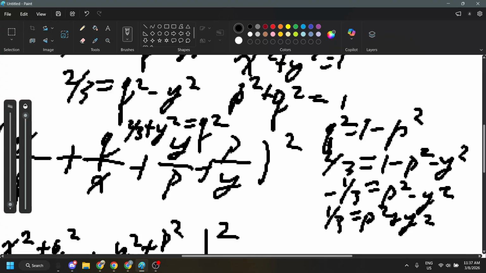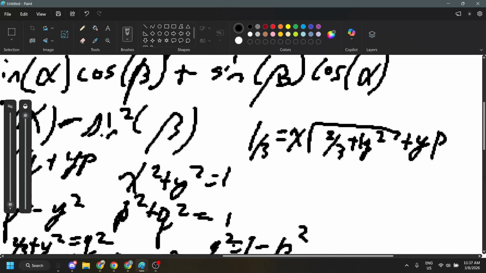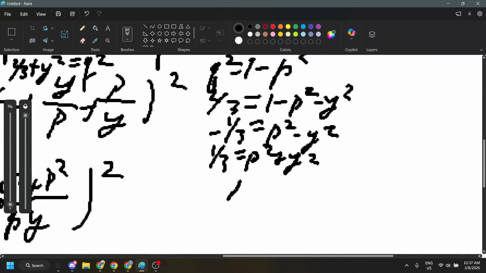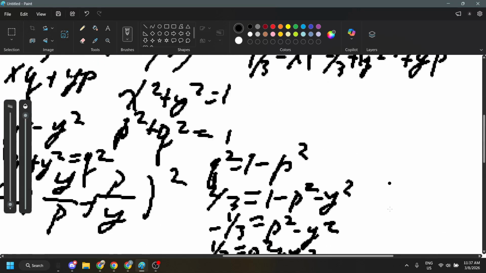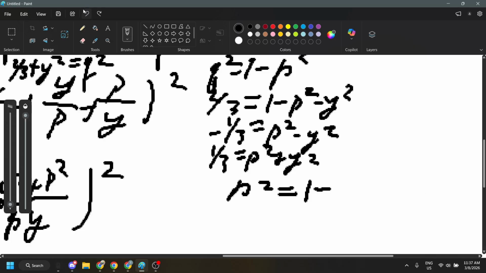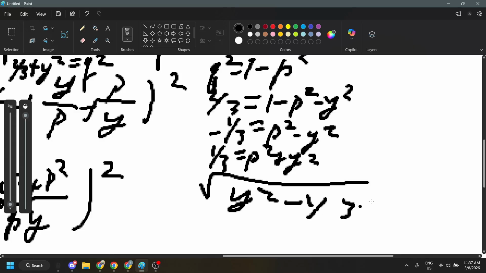Cool. So if we then say p squared is equal to 1/3 minus y squared, the square root of 1/3 minus y squared is equal to p.